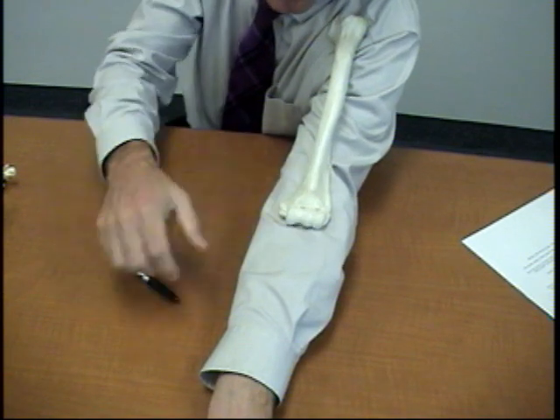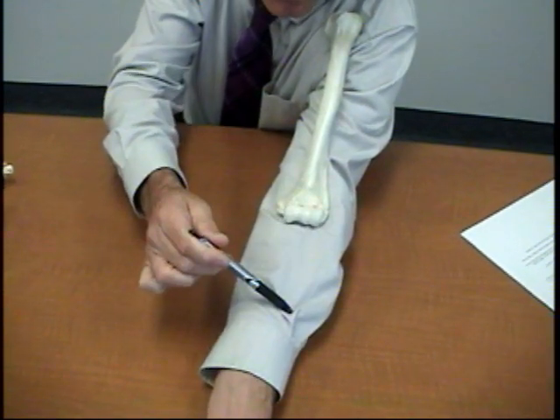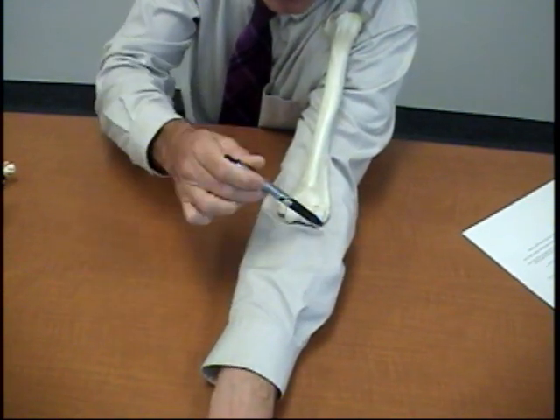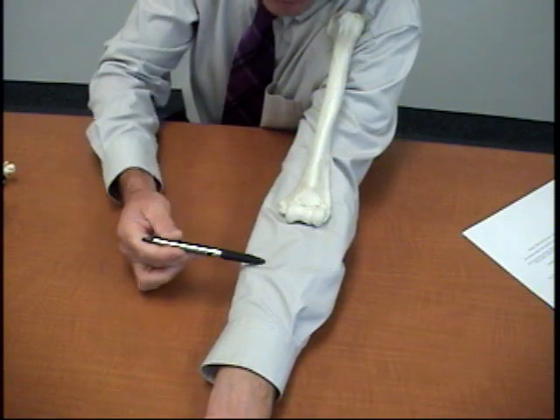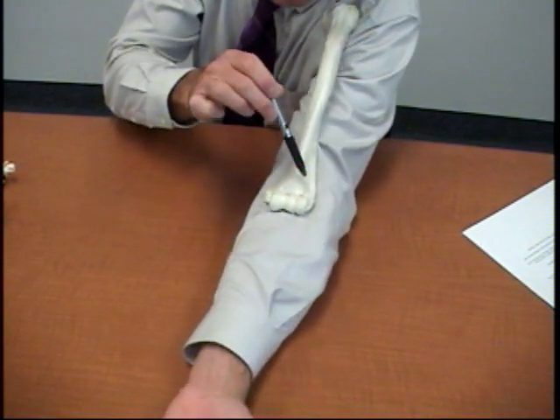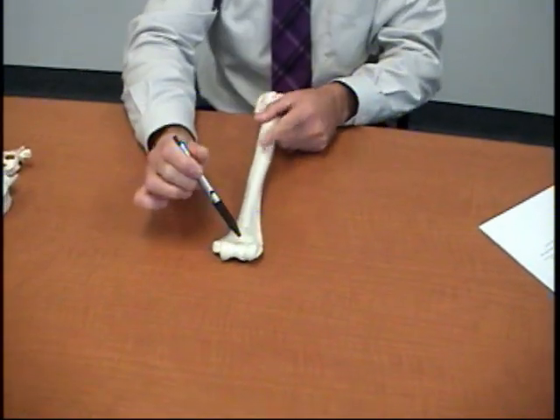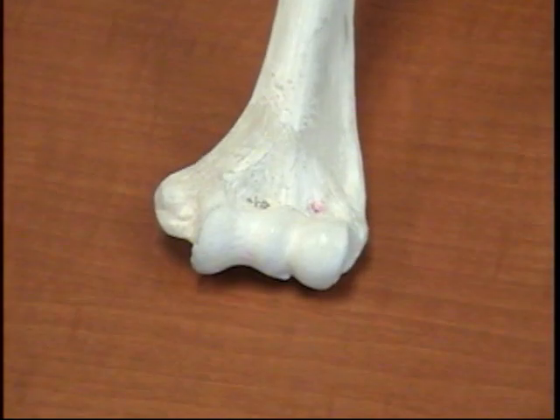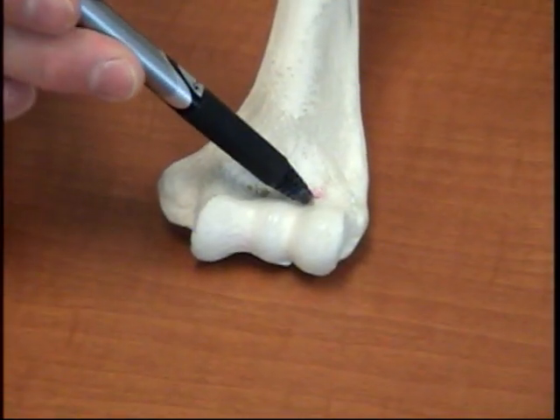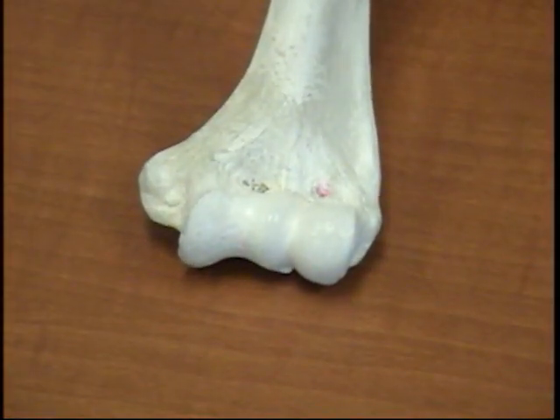So you can visualize the radius sitting here, the ulna sitting here. Radius is always the lateral bone, ulna is always the medial bone. Going back here, we call this fossa, which you can see in pink, the radial fossa.